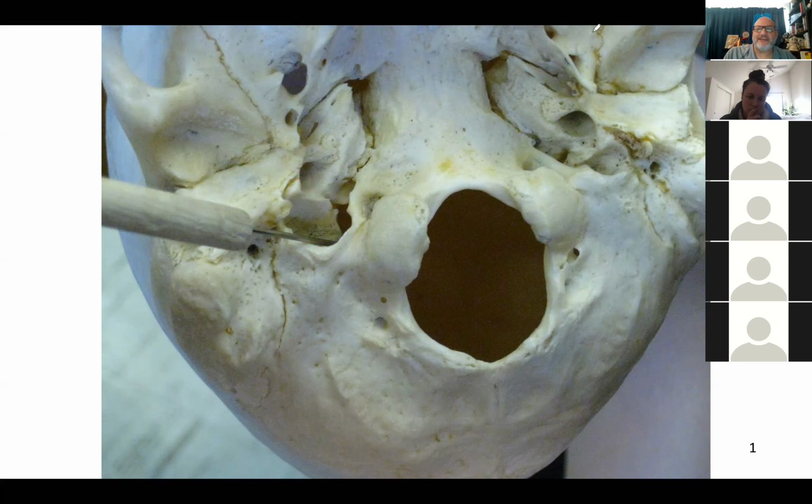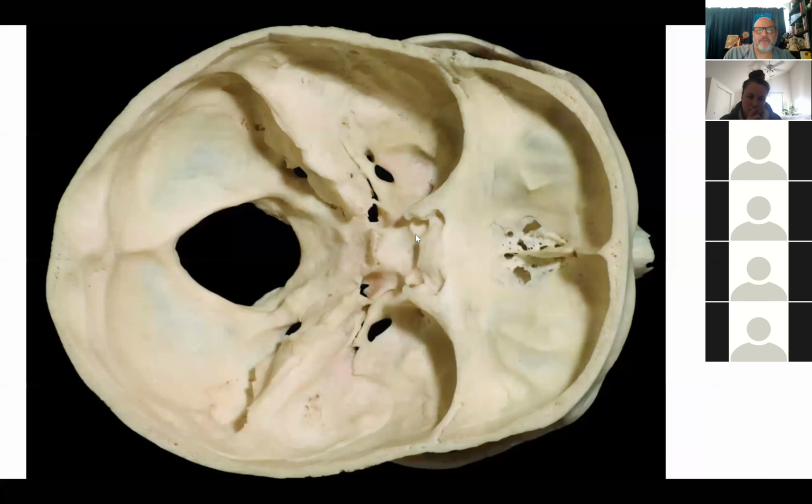But when we look at the inside of the skull, the carotid canal tunnels through and comes out right here. That's the opening of it. And notice way back here is the opening of the jugular foramen, way, way down there. So they're much further apart on the inside of the skull.